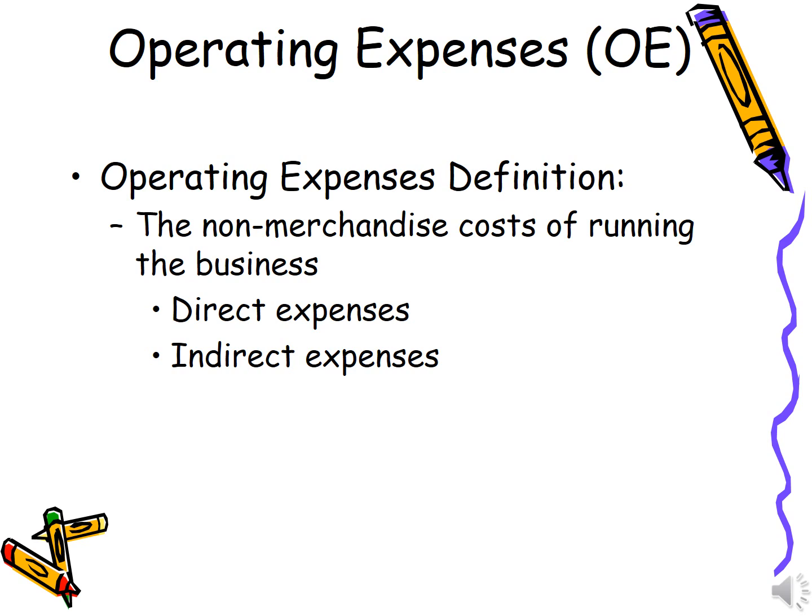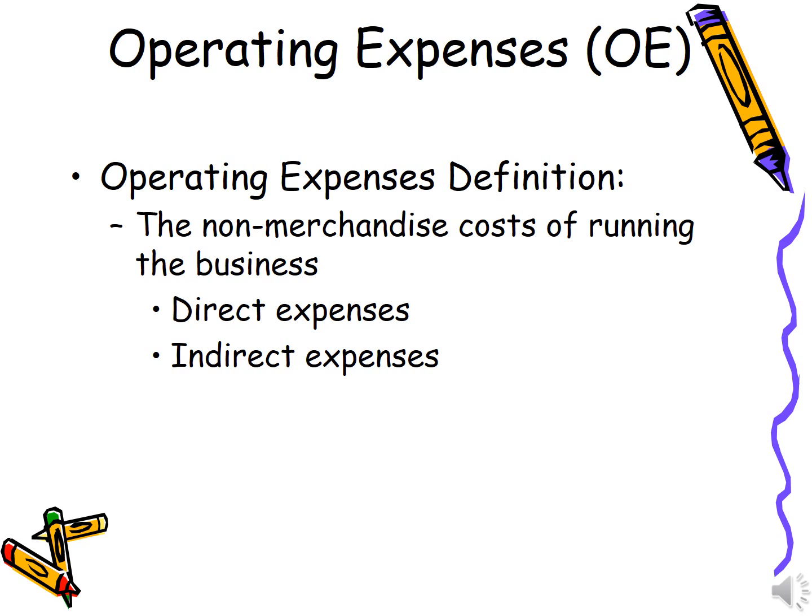Operating expenses is the next thing that we also have to delve into, and operating expenses are a little bit simpler than cost of goods sold. Let's compare cost of goods sold and operating expenses in terms of the definition. Cost of goods sold was all the expenses or costs that were involved in obtaining and preparing the merchandise for sale. Now, operating expenses is the opposite.